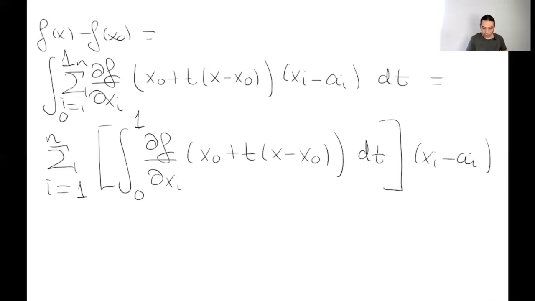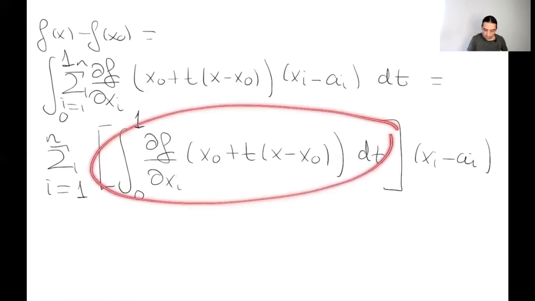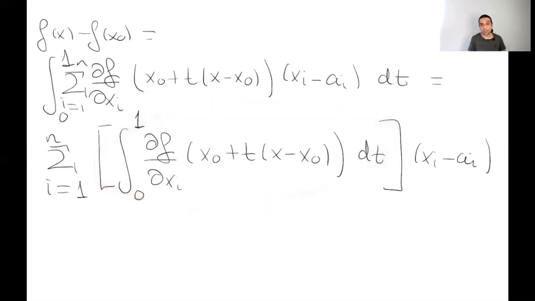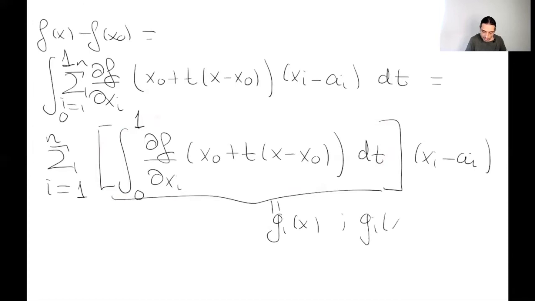Okay, the function over here is going to be also a C-infinity function of x. So let's call it gi. And something that is simple is that the value of gi at x0 is very easy to calculate, because this expression is equal to 0 if x is equal to x0.